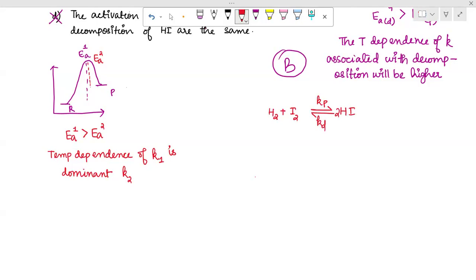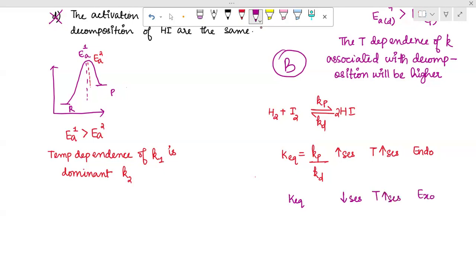Generally, K equilibrium, which is Kp by Kd, as a whole increases as the temperature increases if the process is endothermic, and K equilibrium decreases as the temperature increases if the process is exothermic. Very important.